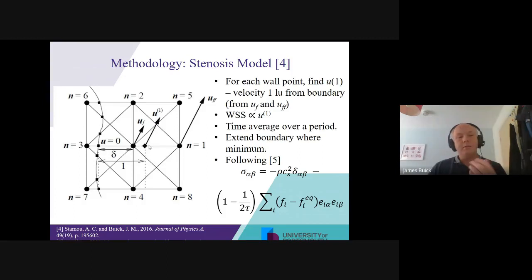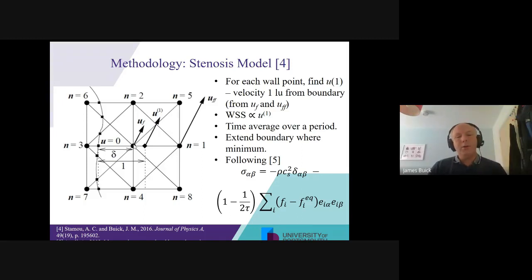And that is actually something that's very useful when we want to look at things like near wall velocity. So that's a very useful term to have. Also, you'll see I've used a little delta to describe the distance between the boundary and the site UF. The reason for that is this isn't normalized, and so it's obviously 1 when we're going horizontally or vertically, root 2 if we're on a diagonal.